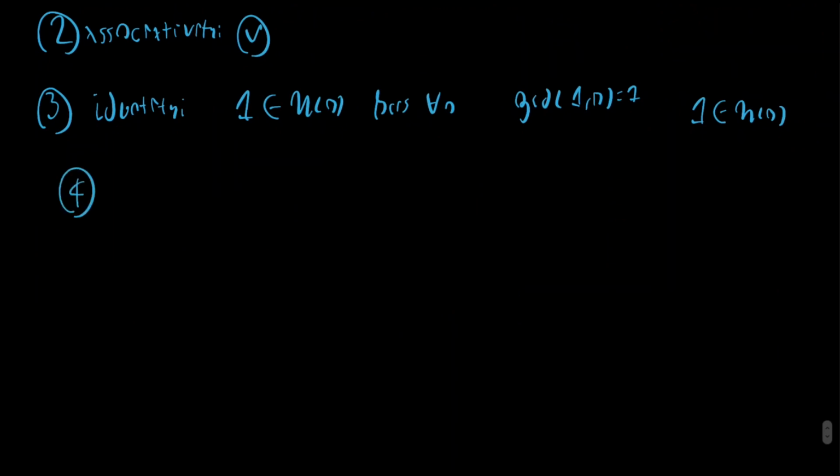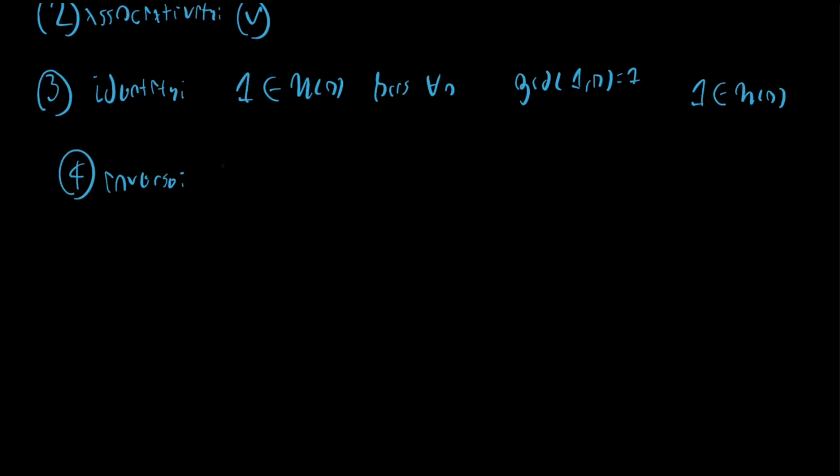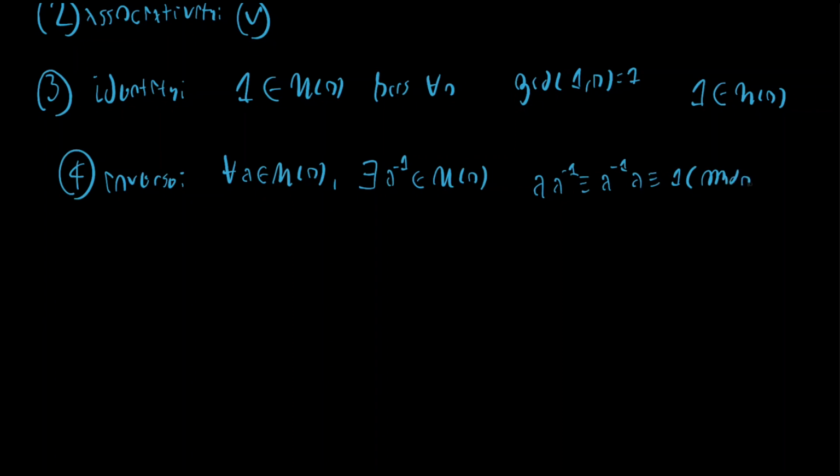And lastly, for the inverse element, let's prove that for any element inside U(n), there is an element that we will call a to the minus 1 in the same set, such that the following holds. So for each element, we can find its inverse. We know that when we have an element inside U(n), it will be relatively prime with respect to n. So the GCD of a and n will be 1.